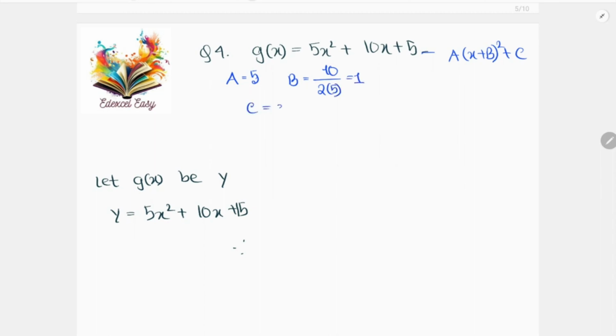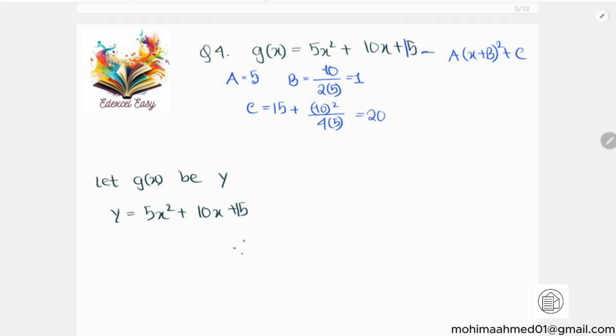And the value for capital C would be c plus b squared over 4a, where the value for c is 15. The value for b is 10. So you have 10 squared over 4 multiplied by 5, and you get the value of C as 20.